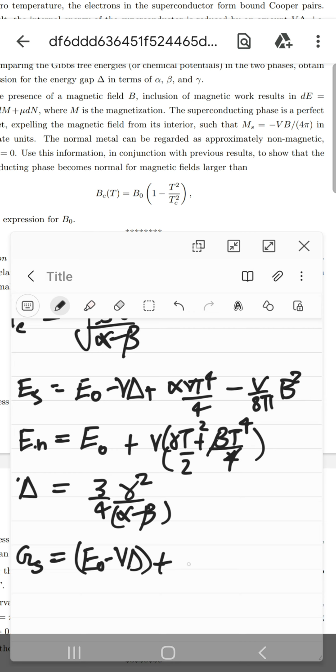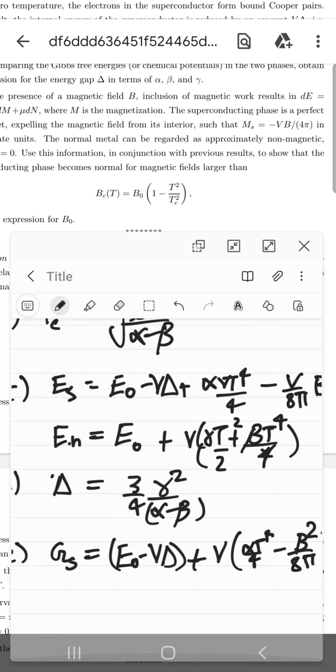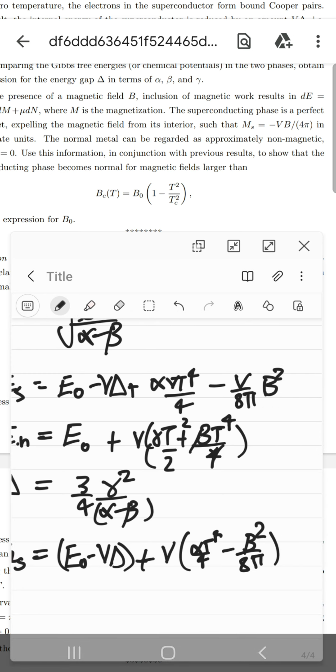So V times of alpha T power 4 by 4 minus B square upon 8 pi. Right. That's our E. Now minus TS plus PV, right? The PV thing is 0 in any case. It doesn't really matter. Or does it? Well, let's assume the pressure doesn't really matter. So minus TS, I suppose.